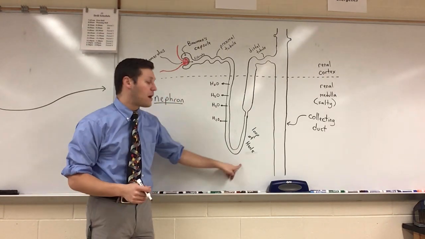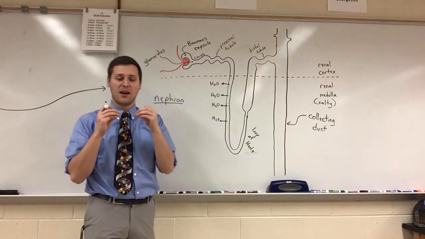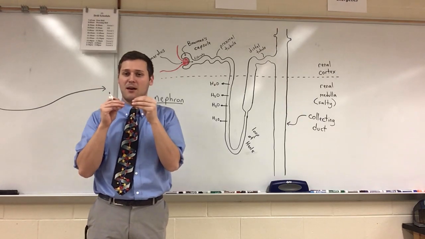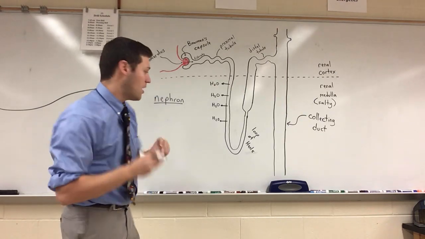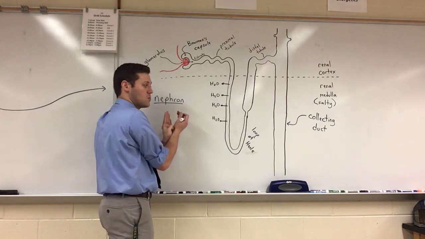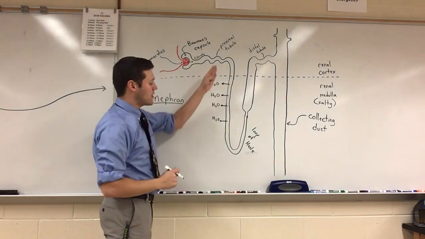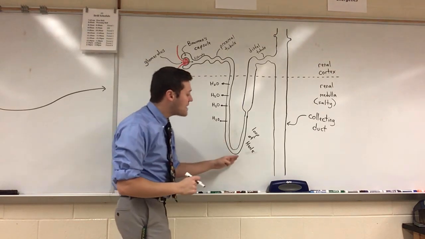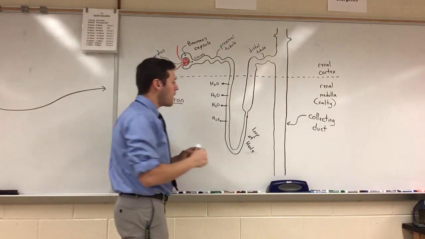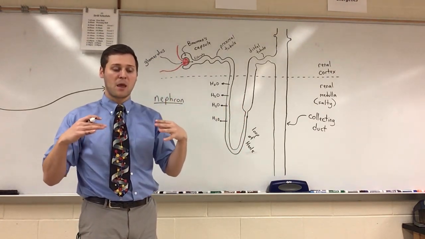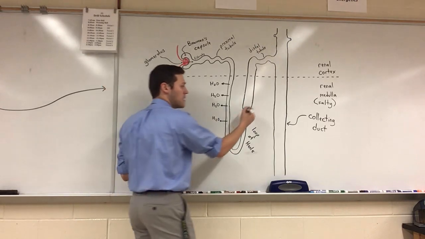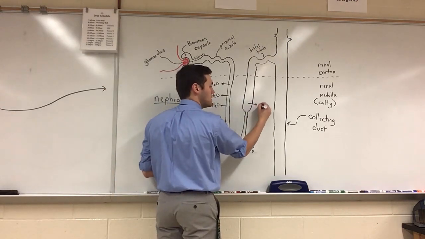Now, once we get to the bottom of the loop of Henle, that's where the filtrate is at its highest concentration of solute, because a lot of that water was pulled out, and it concentrated the filtrate as it went down. Then, as it goes back up, sodium, Na+, is pumped out.